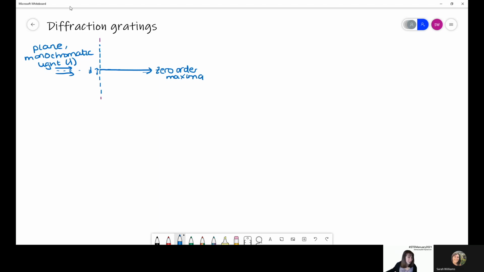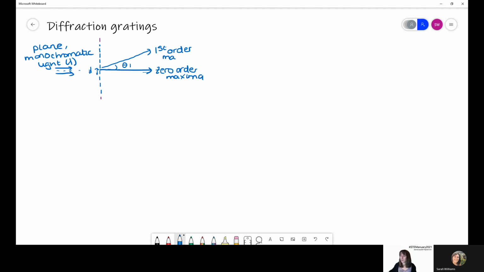And then at some angle, call this theta 1, then I'll get my first order maximum. And in between these, we just get dark patches or fringes, so there's no intensity.